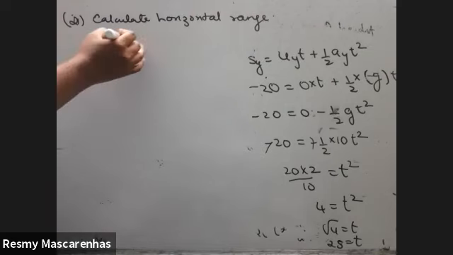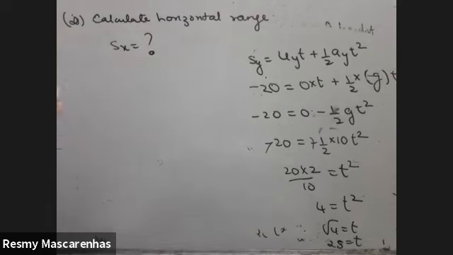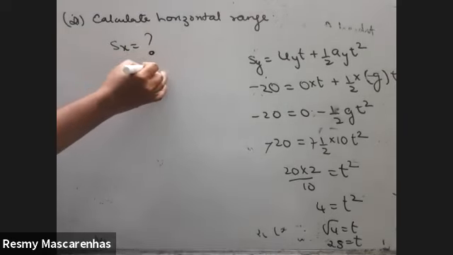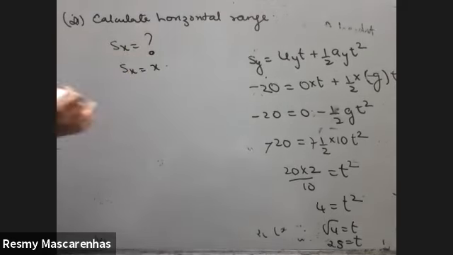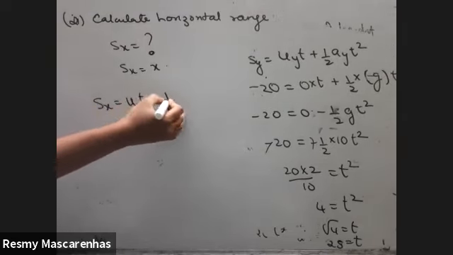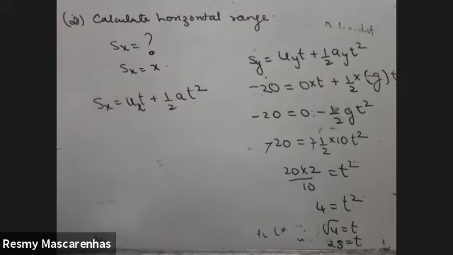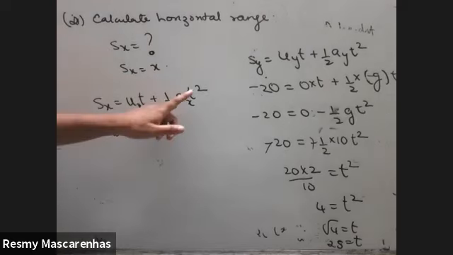Horizontal range means we have to calculate x. So we have taken it to be x, no? So that formula you use. Now this part was x. Now time you know. So you can always put your time and calculate.